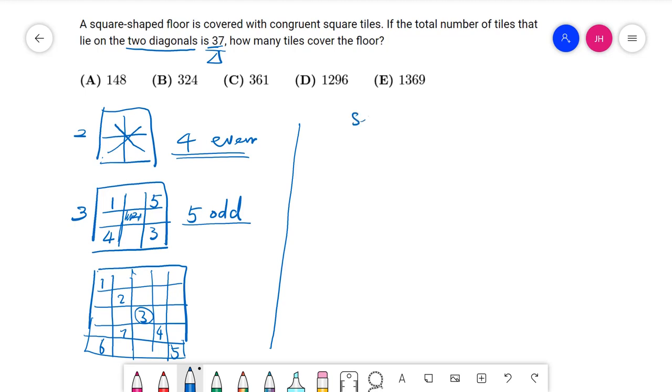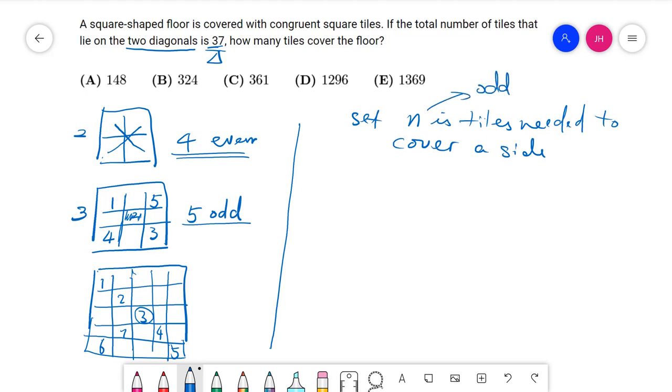So now we can set n as the tiles needed to cover a side, and this n got to be an odd number. Now we know that to cover the diagonal, we still need n. For example, this 3, so we have 1, 2, 3.